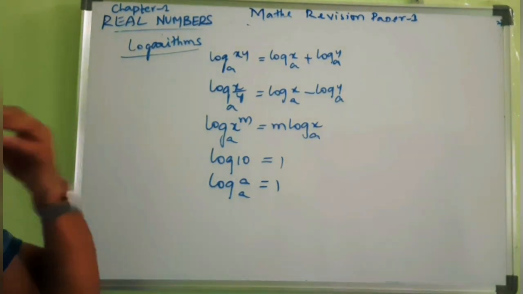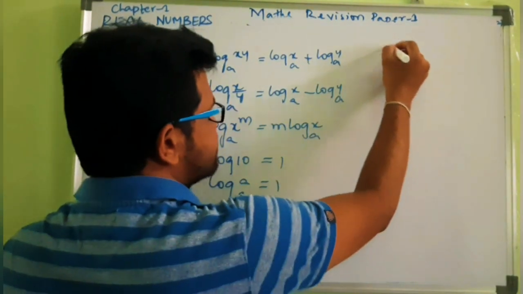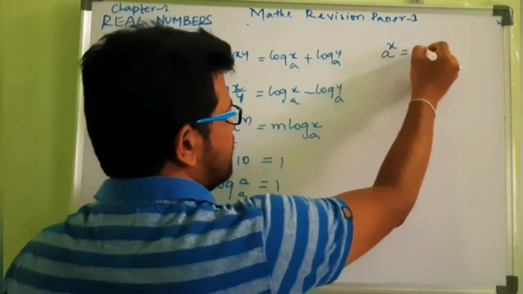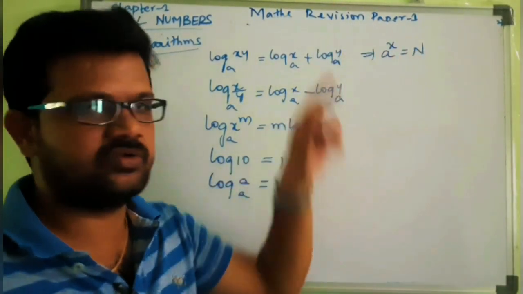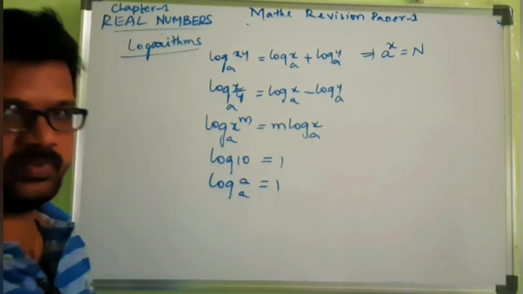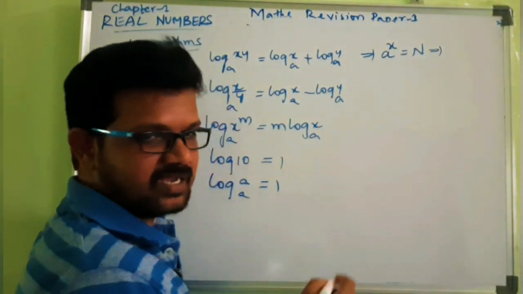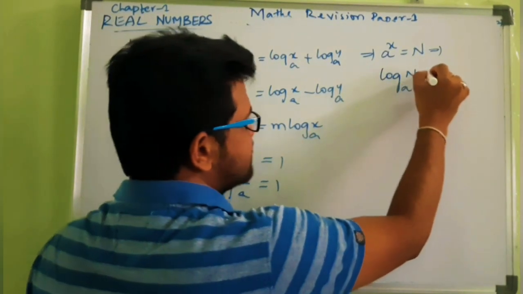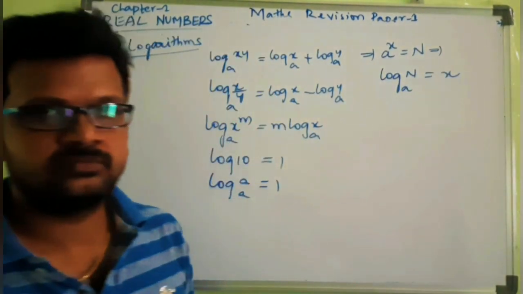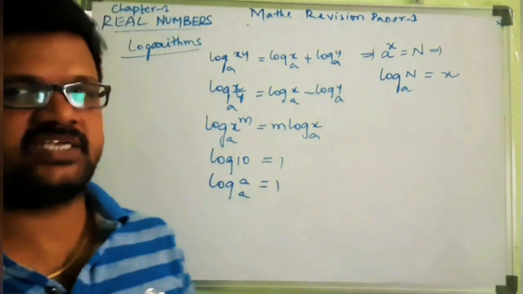Okay, so here what is this logarithm? That is very important. See here, any exponential a to the power of x is equal to n. This is exponential form. We have studied in the previous classes. This one we can write in logarithmic form. Log of n to the base a is equal to x.